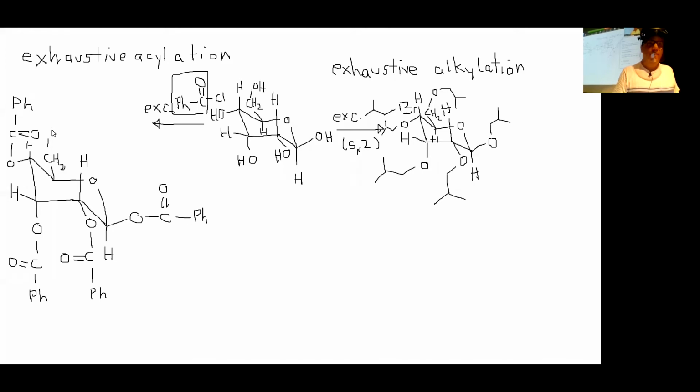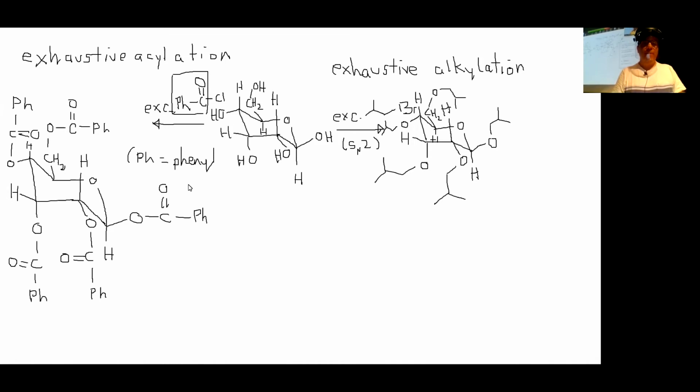So this is an example of an exhaustive acylation. And I mention that because, oh wait, CH2O, acyl group, C double bond O, phenyl. And of course, you guys recall Ph is a phenyl group. It's basically a benzene ring.